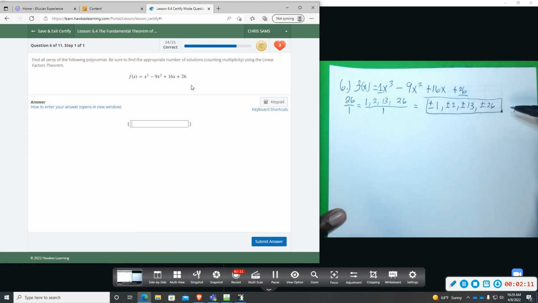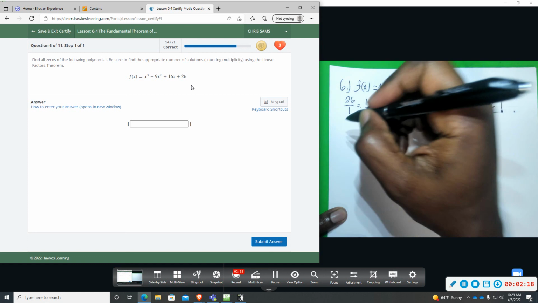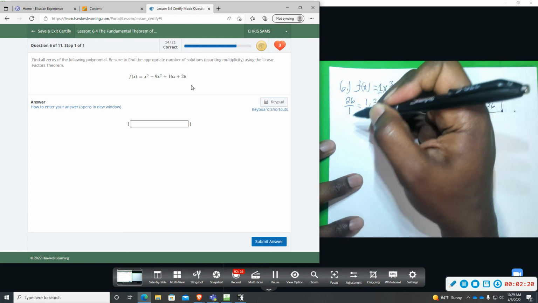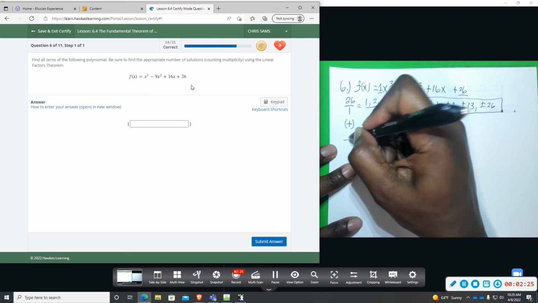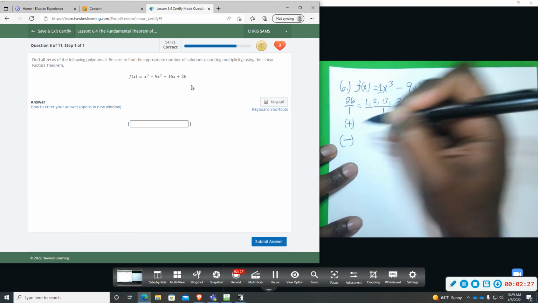All right. Now, instead of having to try all 8 numbers, we can kind of limit what we do with some more properties. So we're going to count the number of sign changes. So I'm going to put positive and negative. Okay, so we're counting the number of sign changes.